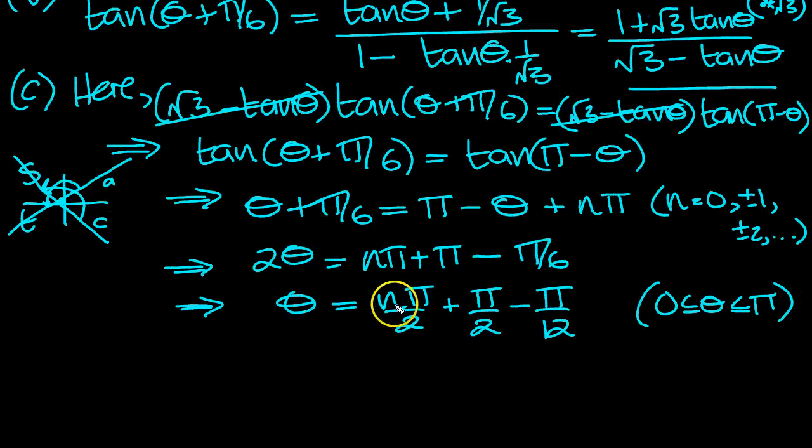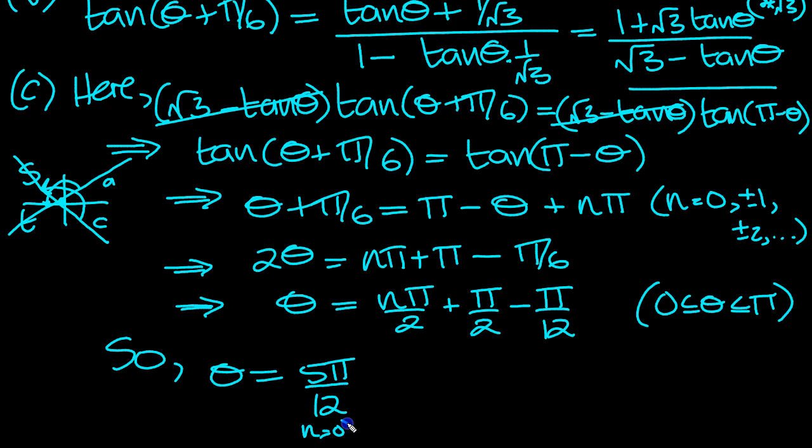Okay, let's have a look then. Let's try 0, shall we? Because that's 6 pi over 12 minus 1 pi over 12 will give 5 pi over 12 when n is 0. Let's try 1. So here, put 1 in, pi over 2 plus pi over 2 is pi, minus a 12th pi is 11 pi over 12, which is still within range.